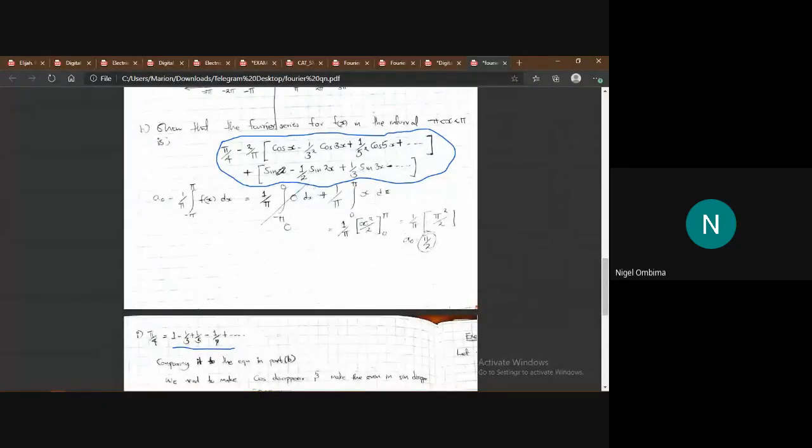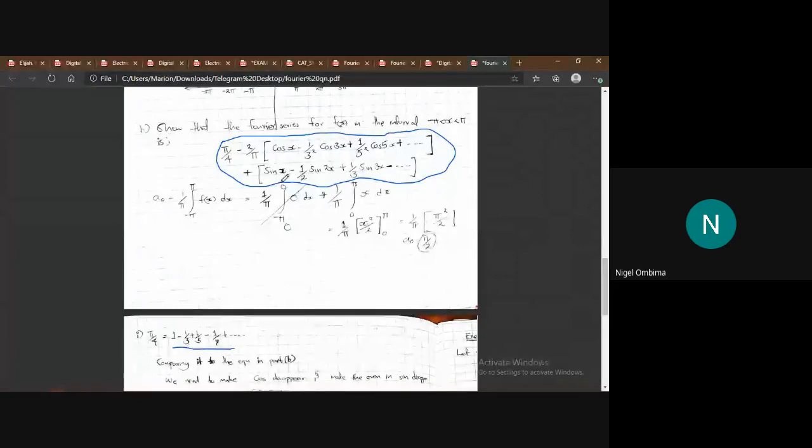So we have sine x minus 1 over 2 sine 2x plus 1 over 3 sine 3x, and we need to make the even values of sine disappear.